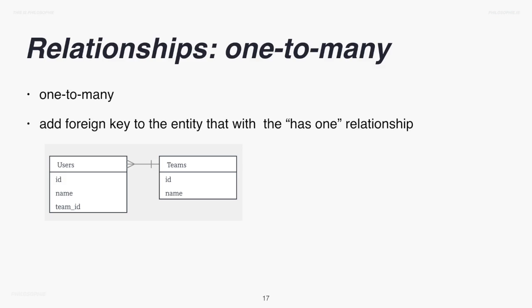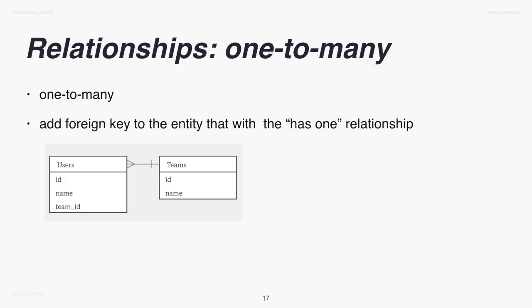Usually when you create a table, you need a unique item in each table, and you set that as your primary key. It is most common to let the database auto-generate your primary key, so it's just an ID field with some value as the primary key. If I'm on the users table and I want to know what team that belongs to, I need to refer to the primary key of the teams table.